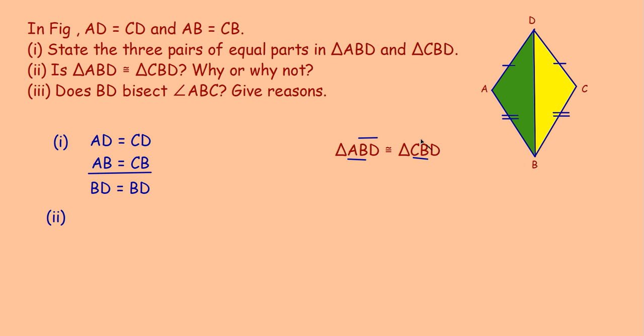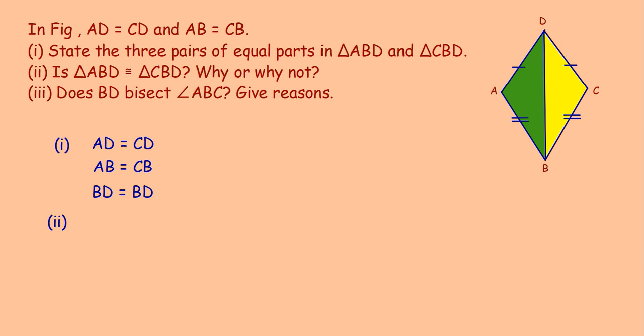BD is equal to BD. That is also correct. Then what about AD? AD must be equal to CD. Yes, AD is equal to CD. That means all the corresponding sides are equal. Therefore, we can say triangle ABD is congruent to triangle CBD by SSS congruence rule or SSS congruence criteria.